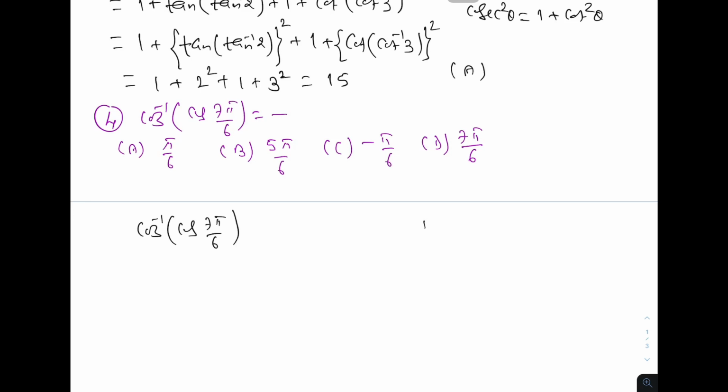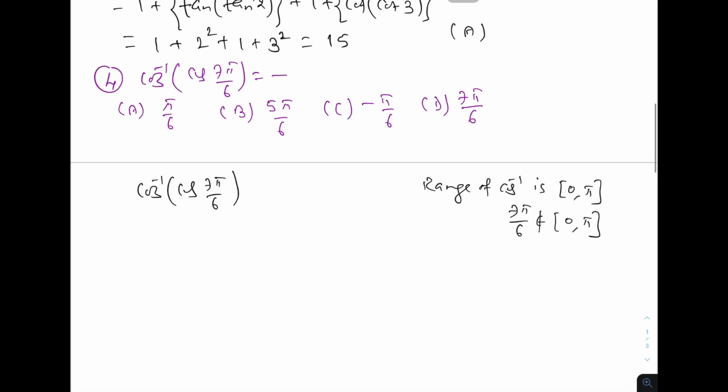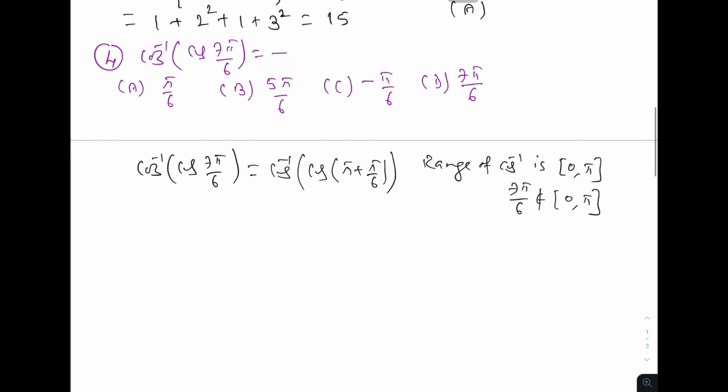We know that the range of cosine inverse, this you need to remember, is 0 to pi, and 7 pi by 6 is not in this range. So we cannot write cosine inverse cosine 7 pi by 6 directly as 7 pi by 6. So we do it like this: 7 pi by 6 we can write as pi plus pi by 6.